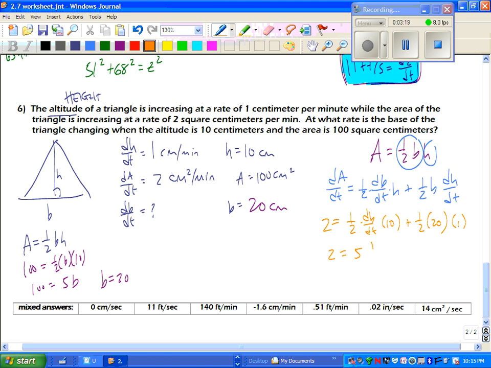So 2 equals 5 times dB/dt plus 10. So we can subtract 10 from both sides, and then divide by 5. So dB/dt is equal to -8/5, or -1.6 centimeters per minute.